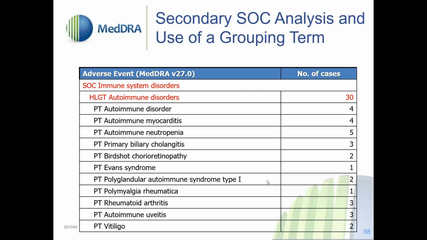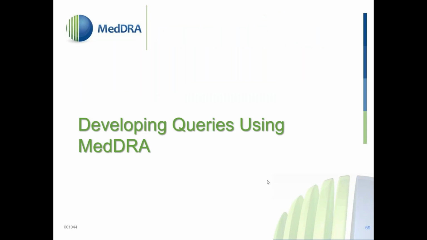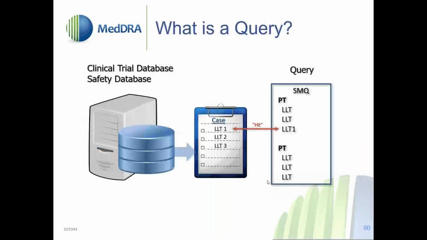Thank you. Okay, great. Then for the last half hour, we will talk about developing queries using MedDRA and discuss first what is a query. So on the left-hand side, you see that you have a database, either a clinical trial database or a safety database, in which you store your cases.